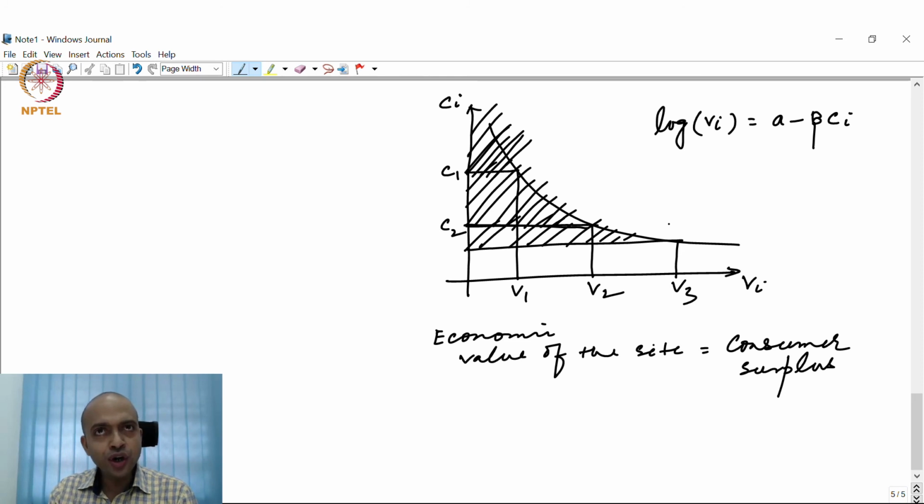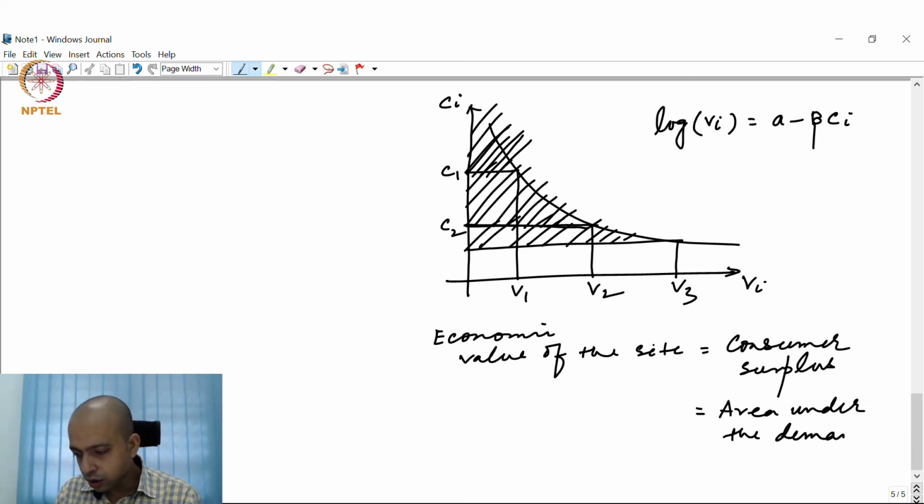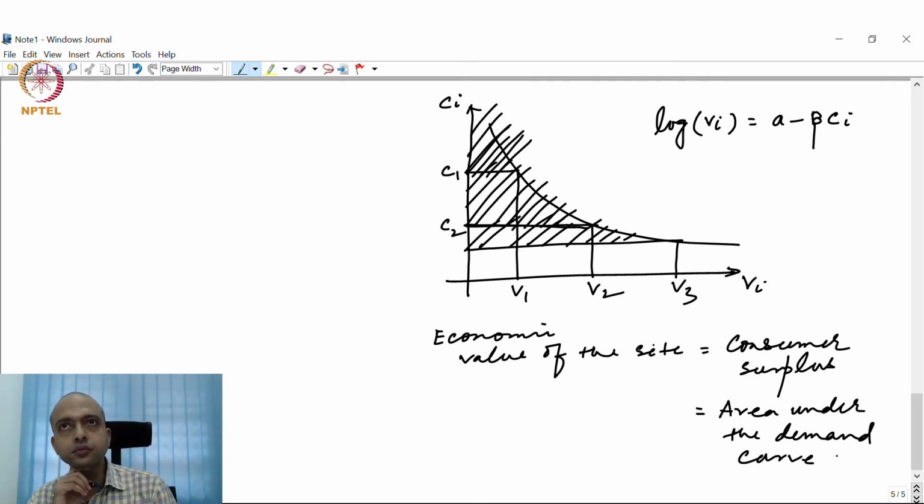Now we need not calculate this using geometry, because we can calculate it mathematically from this equation: the area under the demand curve. So consumer surplus is nothing but the area under the demand curve. Okay, so this is basically the value of this site.